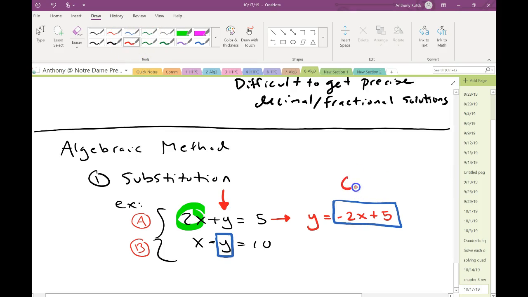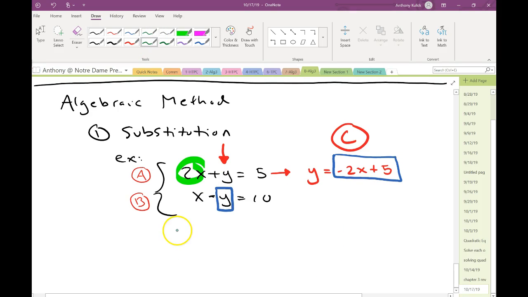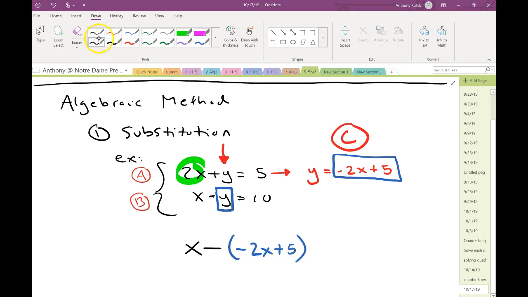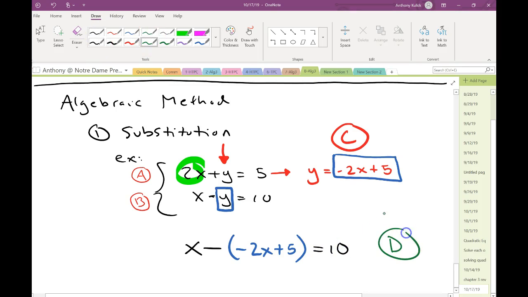By the way, I'm going to call y equals negative 2x plus 5 equation C. And I'm going to call this new one that we've made by substituting C into B equation D.